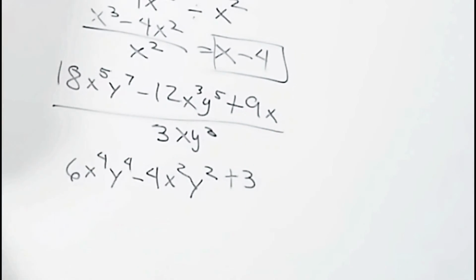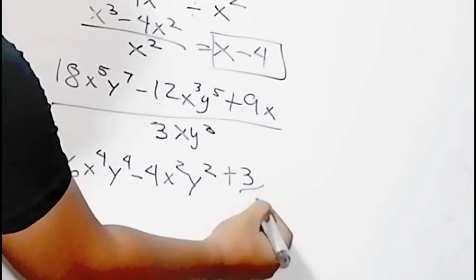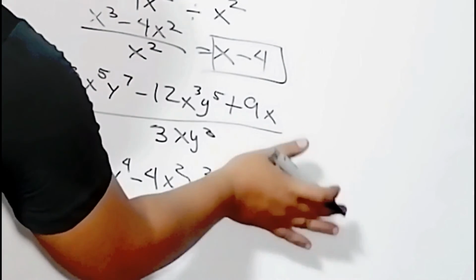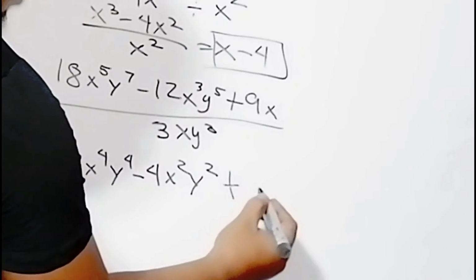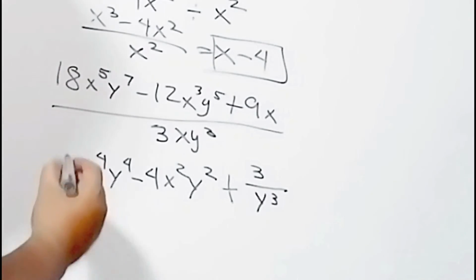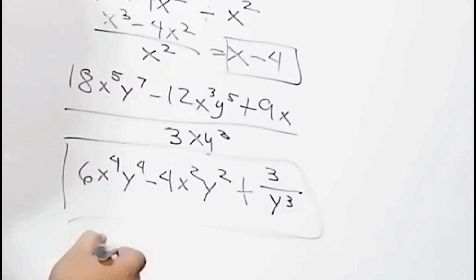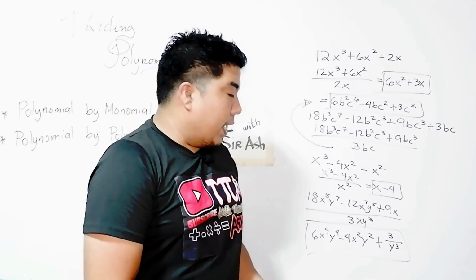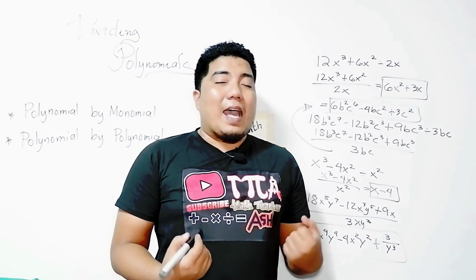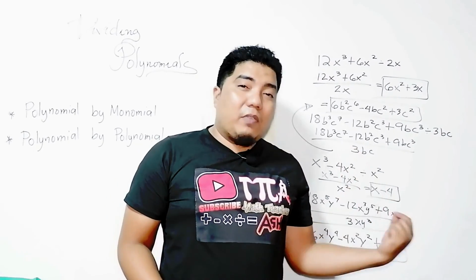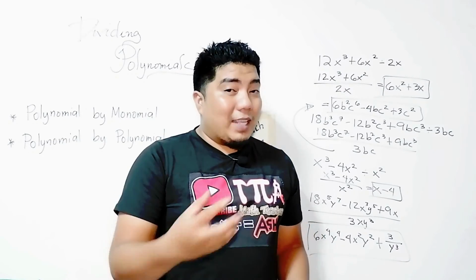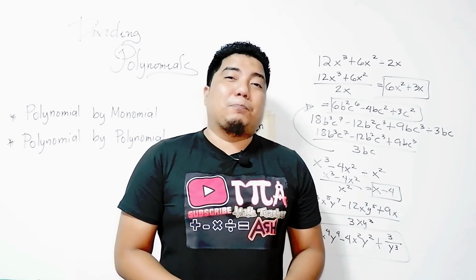So what I will do is copy this as a denominator, so that will give me 3 over y cubed. And that will be my final answer. So my dear math learners, if in any case you encounter that the divisor has more variables than your dividend, then you just copy the divisor as a denominator of that given term.